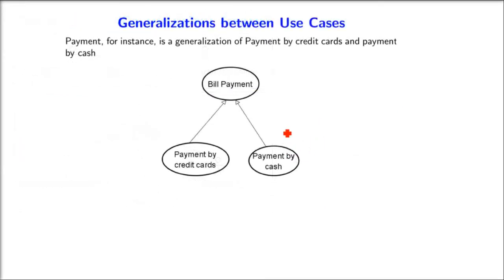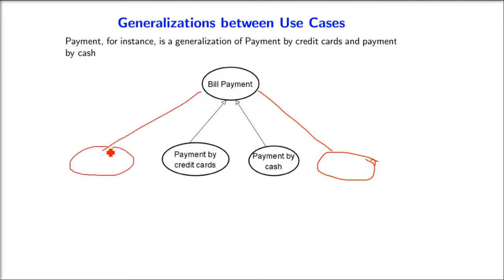Let me give you one more example. A bill payment has to be done. Now the bill payment can be done through UPI, it can be done through cash, it can be done through credit card, or you want to do it using direct bank transfer. So this bill payment is a wide set.